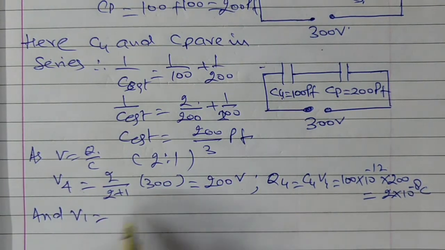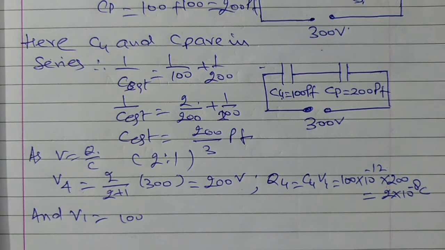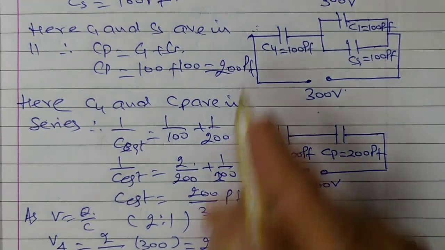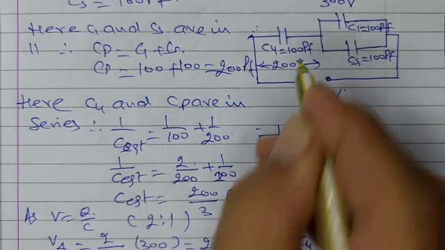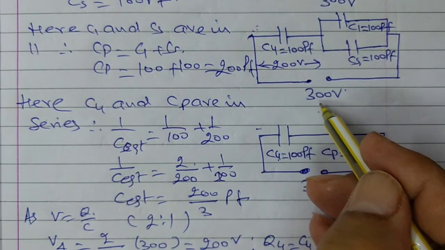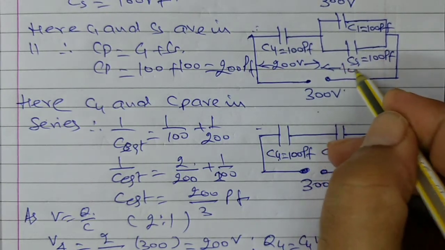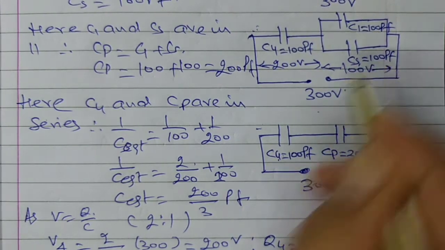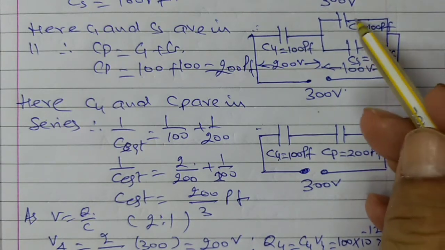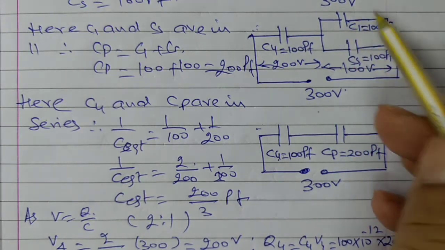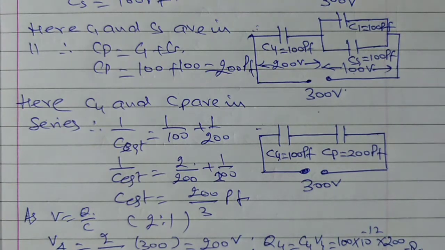V1 is equal to 100 volt because there is 200 volt across C4 and the total voltage is 300. Therefore, the remaining is 100 volt, and these two are in parallel. Therefore, the potential difference across the capacitor C1 is 100 volt.